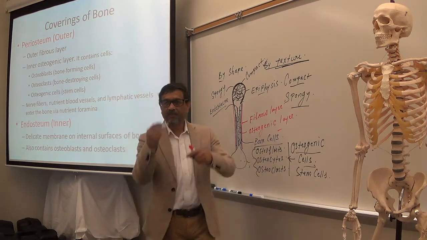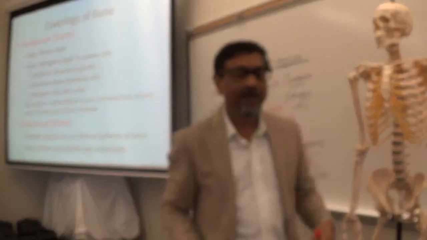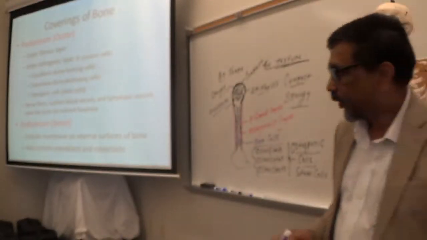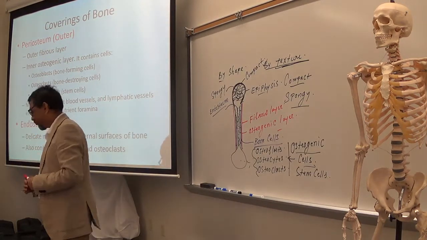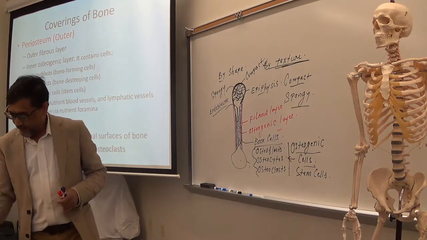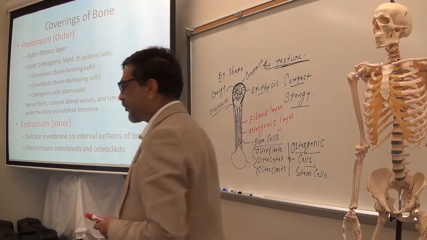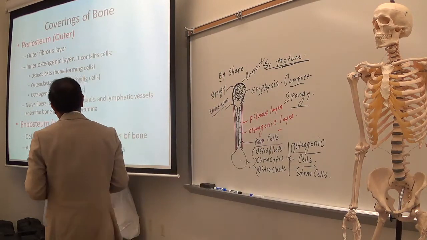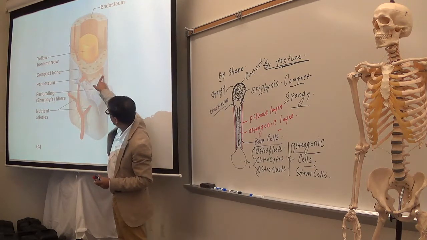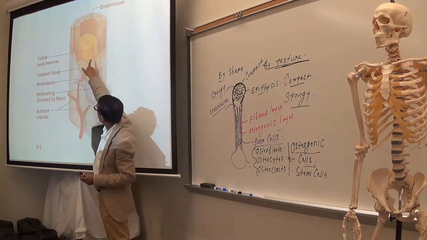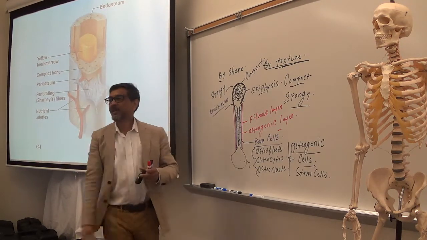So periosteum is the outer layer, endosteum is around the medullary cavity, and periosteum has two layers in it, outer fibrous, inner osteogenic layer. Osteogenic layer is responsible for the formation of bone tissue, and it has different types of cells. Here, you see, this is the shaft, and this is the periosteum, and this is the endosteum, yellow bone marrow. So this is the adult long bone.